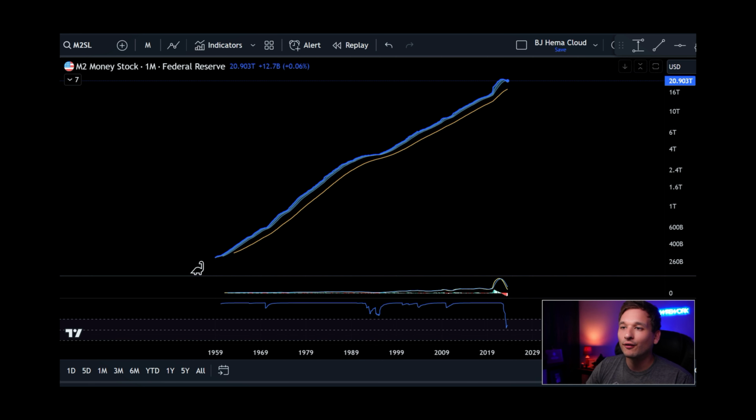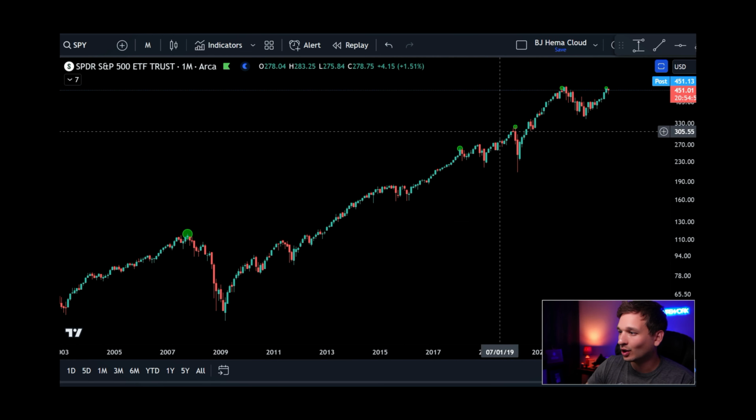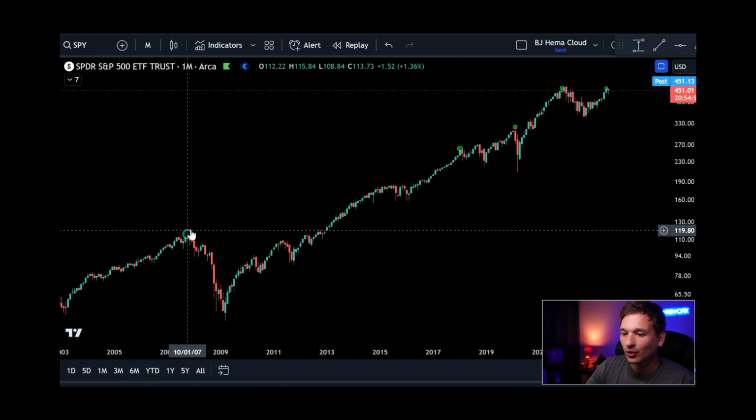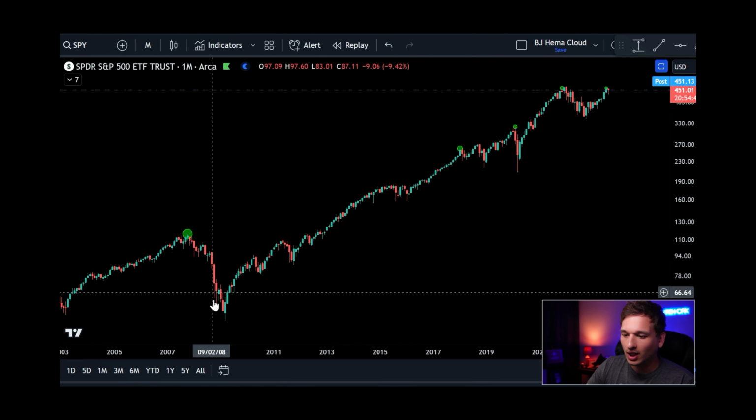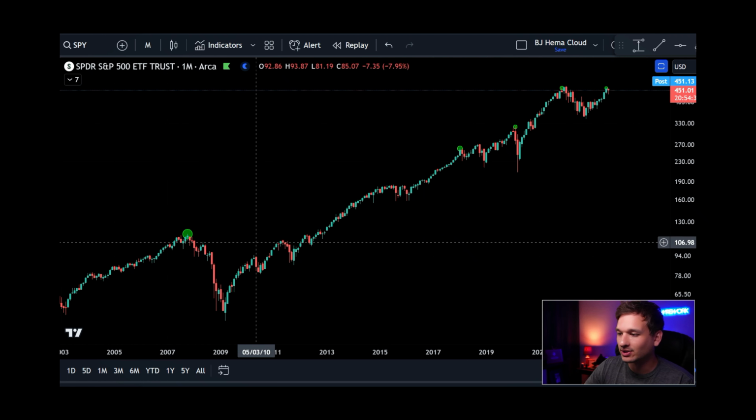Okay, so first, before we do that, I wanted to show you exactly what I mean. So we laid out right here October of 2007. That was a high before the economic crash that followed in 2008. A lot of people like to say 2008, but really it started at the end of 2007, okay?